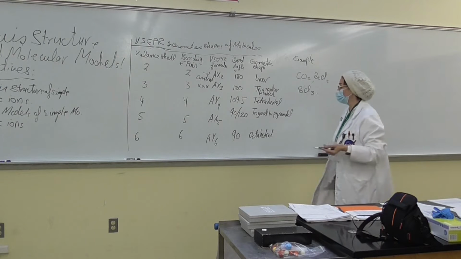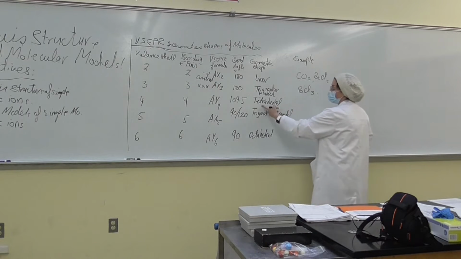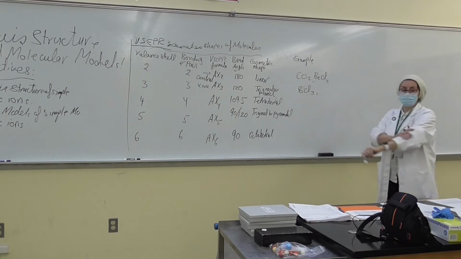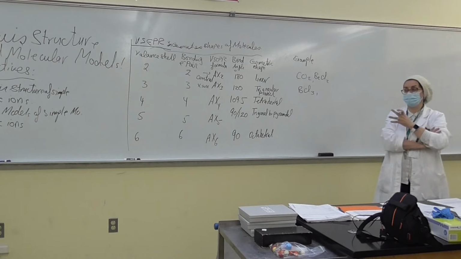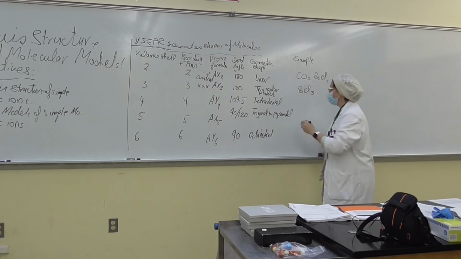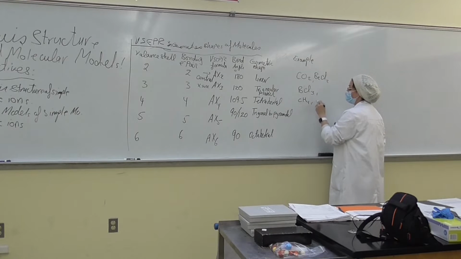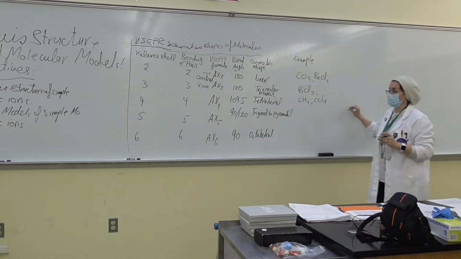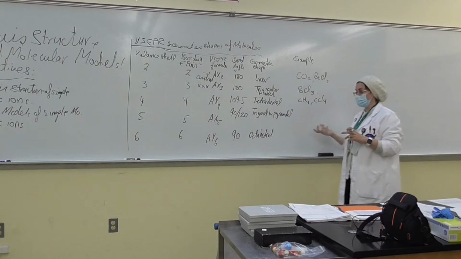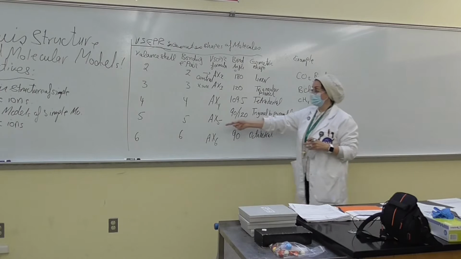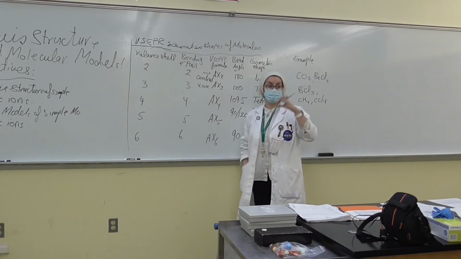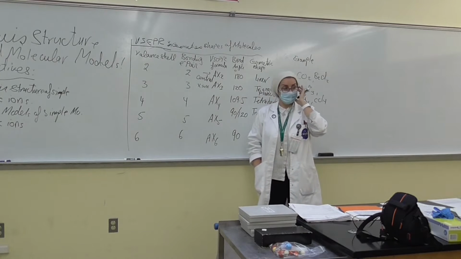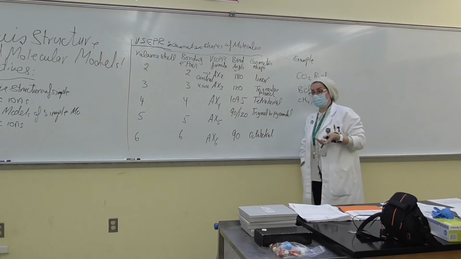Also, when we have a tetrahedral, what is it going to be? Give me an example: CH4, CCl4, and so on. When you have 5, it's trigonal bipyramidal, and this is the shape. We have 5 atoms surrounding the central atom. Any idea? Give me an example.